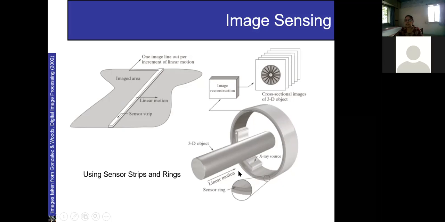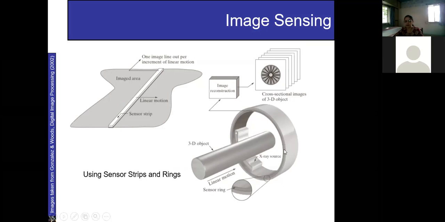Now, with the same arrangement in computed tomography, you can get a 3D picture of the object. This 3D picture is constructed by using 2D scans of the object. To get multiple 2D scans, we need to move this object linearly along this horizontal axis.